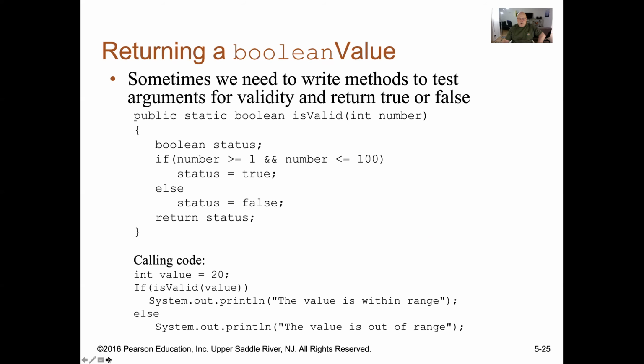This is returning a Boolean value. Sometimes we need to write methods to test arguments for validity and return true or false. And in that, we utilize a Boolean value.